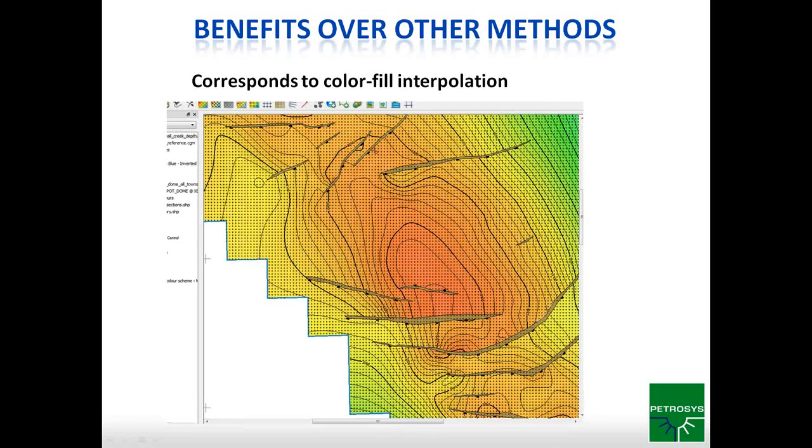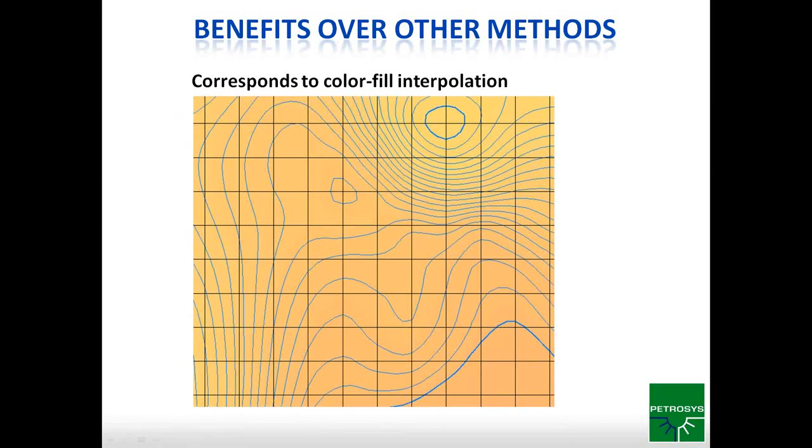If you're looking at this map here, you can see the grid cells, and if we zoom in a little bit, you'll notice that inside of the grid cells, Petrosys doesn't linearly interpolate those prism tops. It's a third-order polynomial that gets laid down on the top of those prisms, and you can see that by the curvilinear nature of these contours that are being laced through those grid cells.